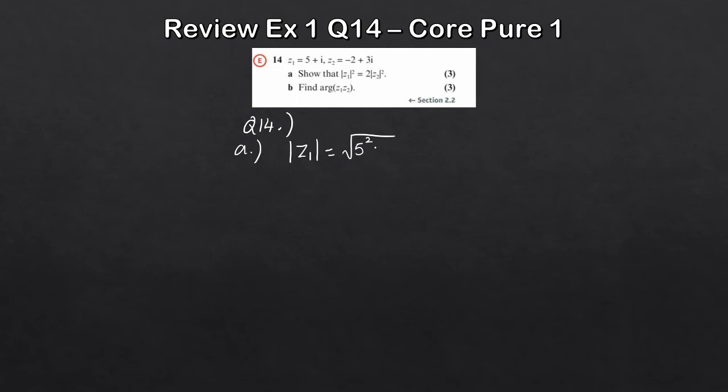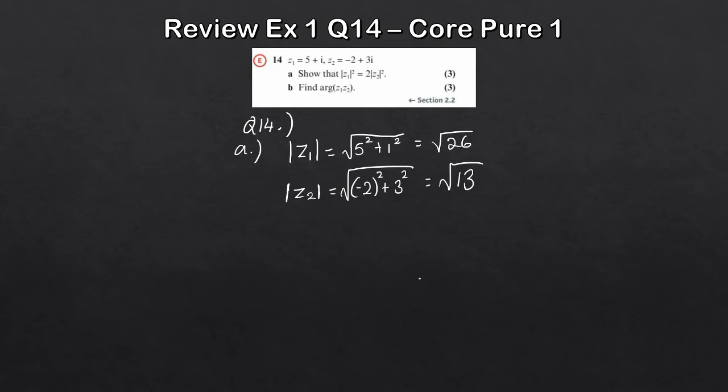So that's plus 1 squared. So that's the square root of 25 plus 1, so root 26. The modulus of Z2 here, well, that's going to be the square root of minus 2 squared plus 3 squared. So what would that give us? That's 4 plus 9, so that's root 13.